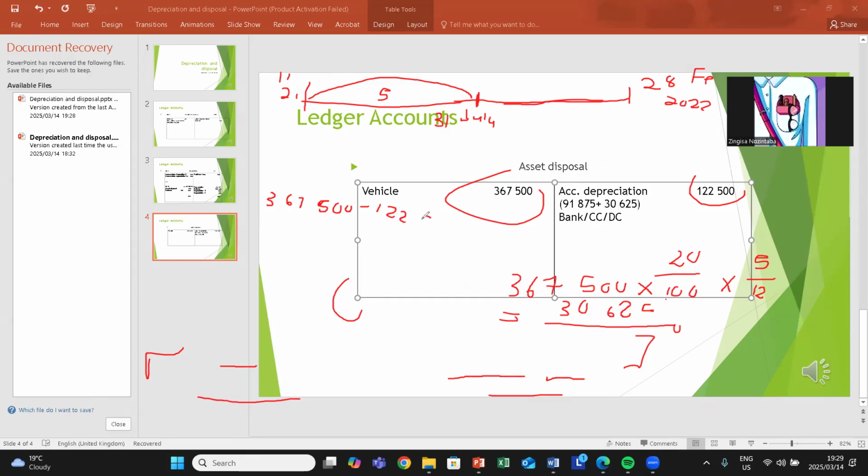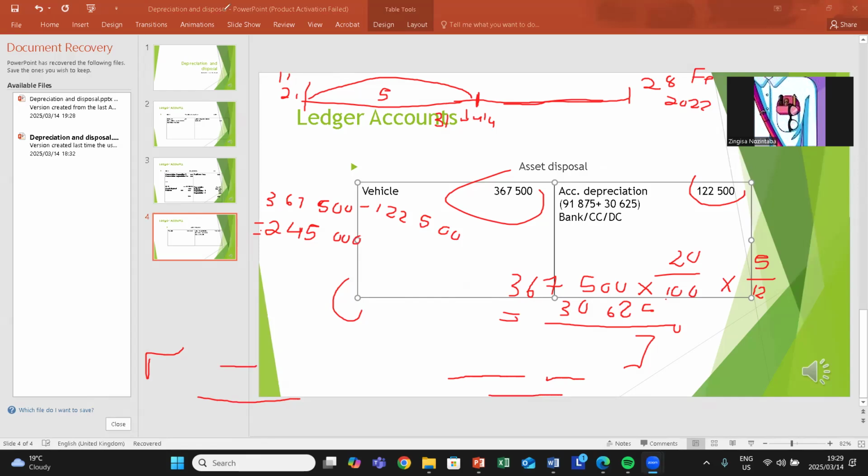And then we'll get our carrying value. 367,500 minus 122,500, we get how much? So it's 245,000. 245, right? 245,000.